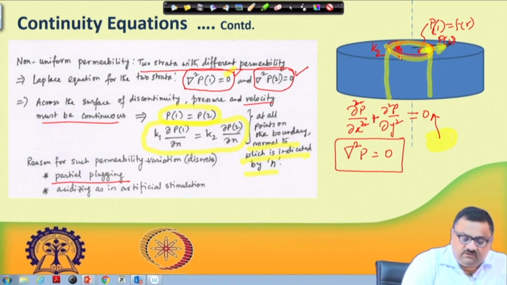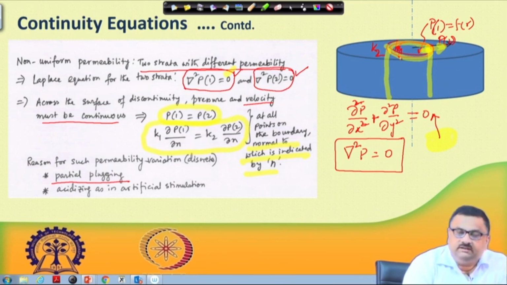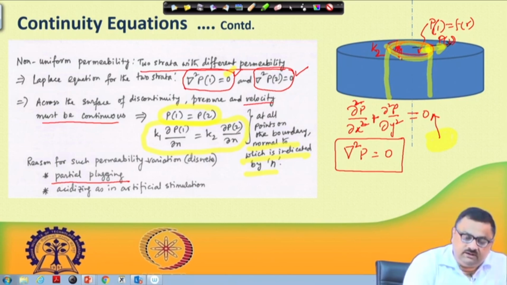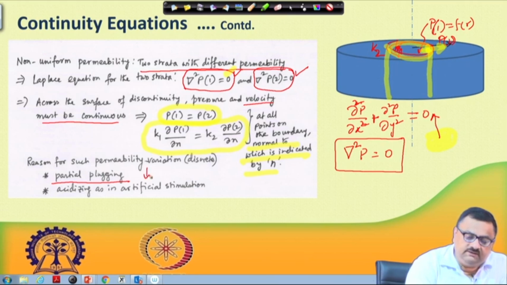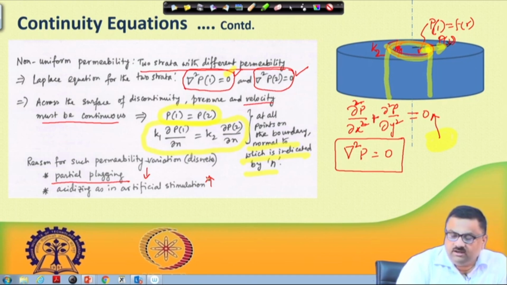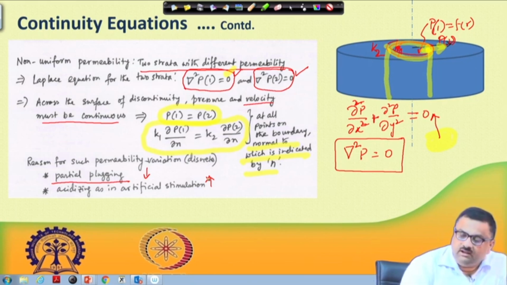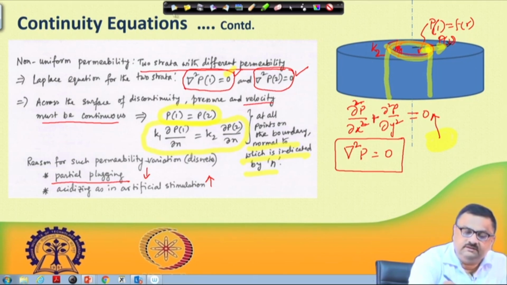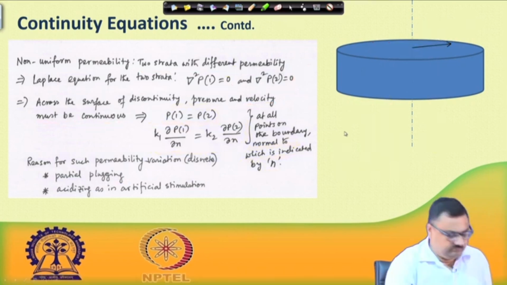Or, if one does acidizing as an artificial stimulation, they inject acid to clean up the debris from the pores so that the pores are more communicable. That will increase the permeability. In partial plugging the permeability is decreased, and after stimulation it is increased. Because of these reasons, there could be a discrete change in permeability.